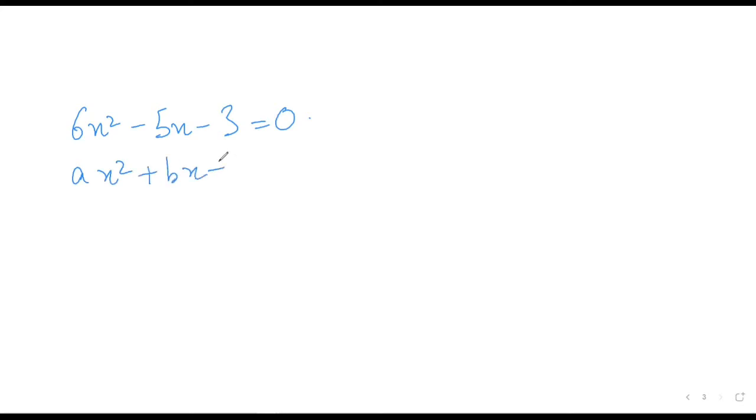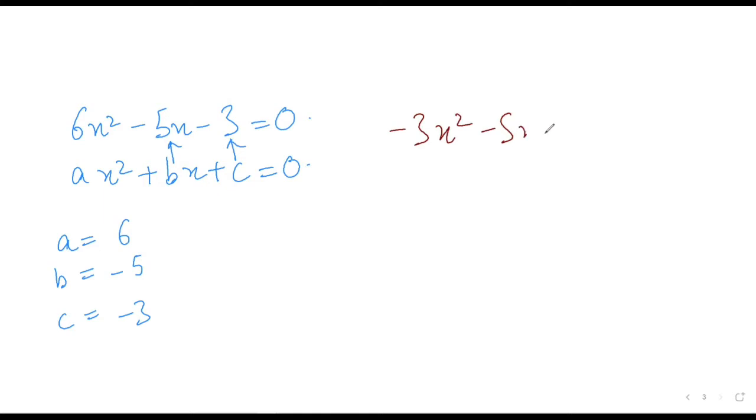Now, can you tell me what will be a, b, and c, Mr. Sarthak? A will be 6, b will be 5, and c will be 3. b would be minus 5, c would be minus 3. Mr. Sarthak, any doubt till here? No. Let me see if you have understood.